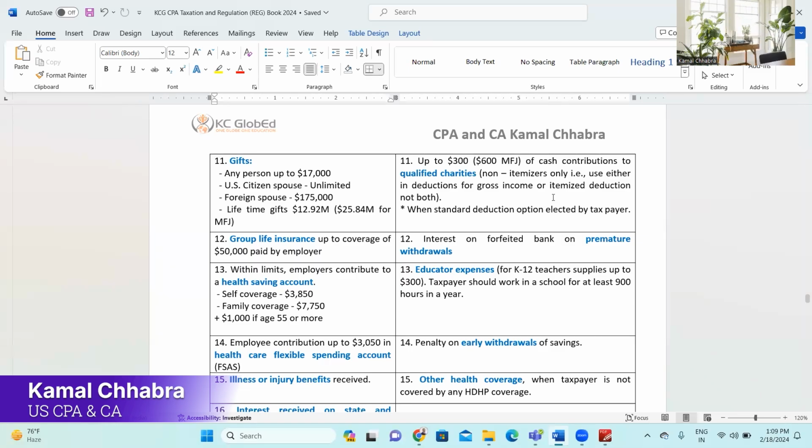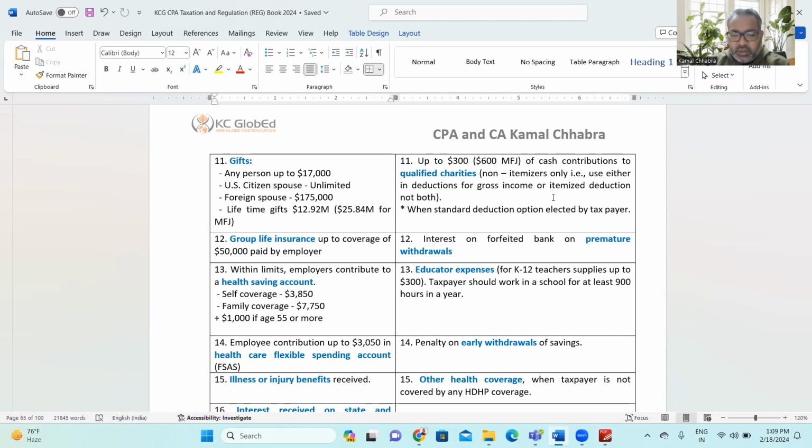So that means you will get the benefit of standard deduction, which is after the adjusted gross income, but before the adjusted gross income, you can avail the benefit of the contribution which you have made. So that can be a good tax advice to any of your clients. Clear? Or any doubt here? No, sir. Right.